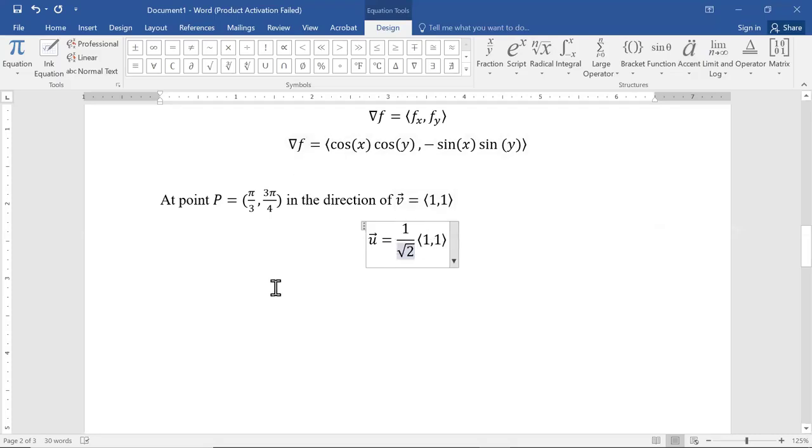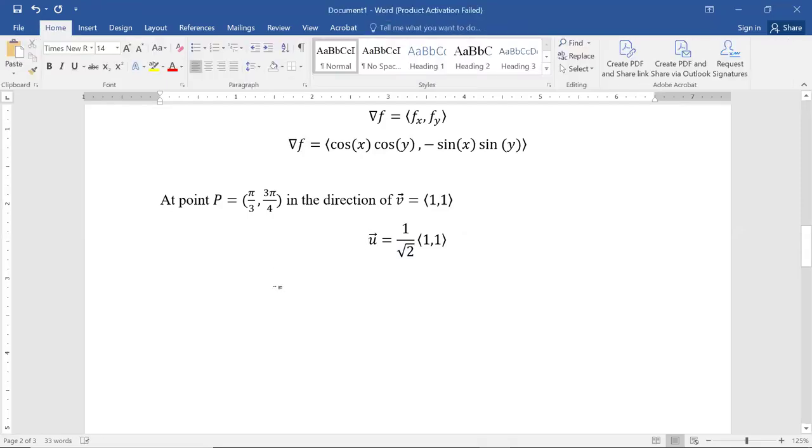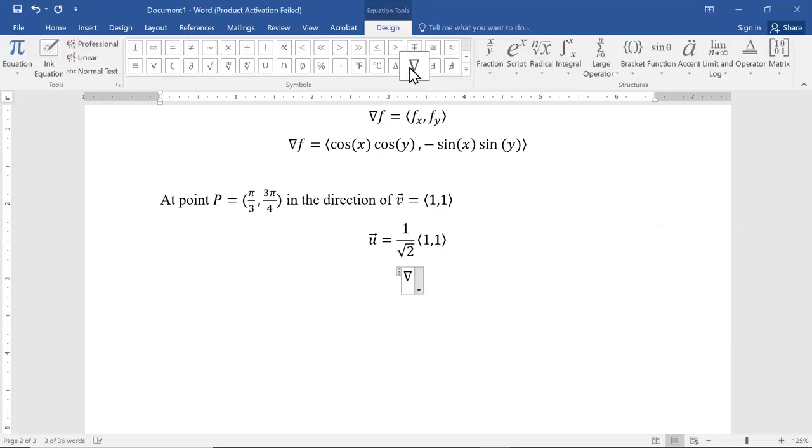Now let's deal with the gradient. Well, the gradient of f at the point pi over 3, comma, 3 pi over 4.